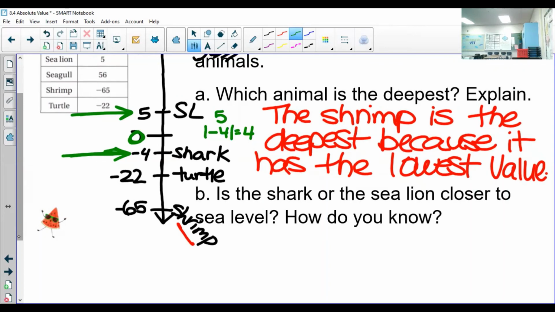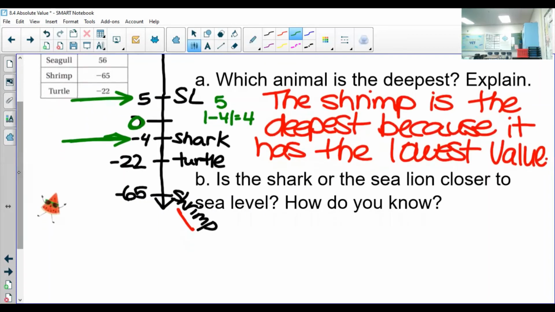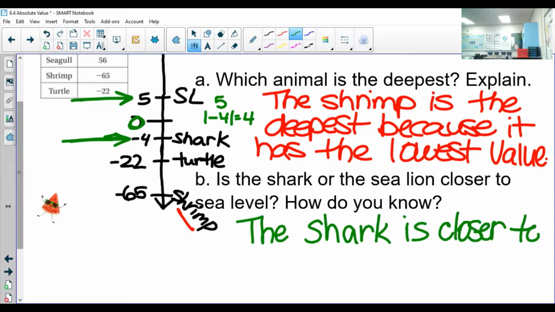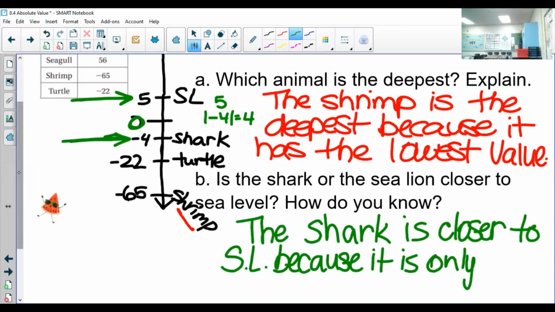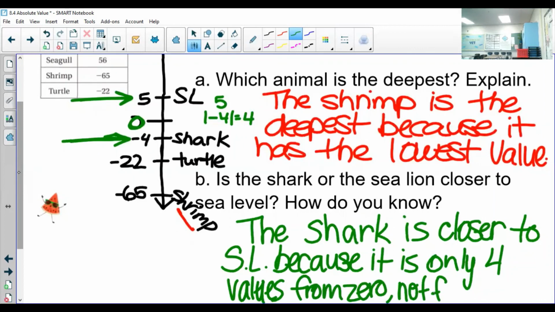How do you know? Means they want us to write another complete sentence. So the sentence I would write is, the shark is closer, I'm going to abbreviate, to sea level because it is only 4 values from 0, not 5.